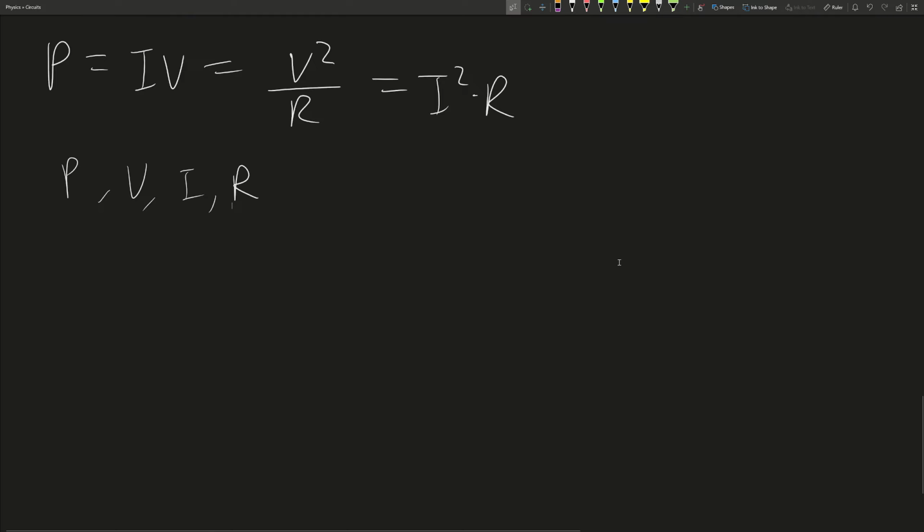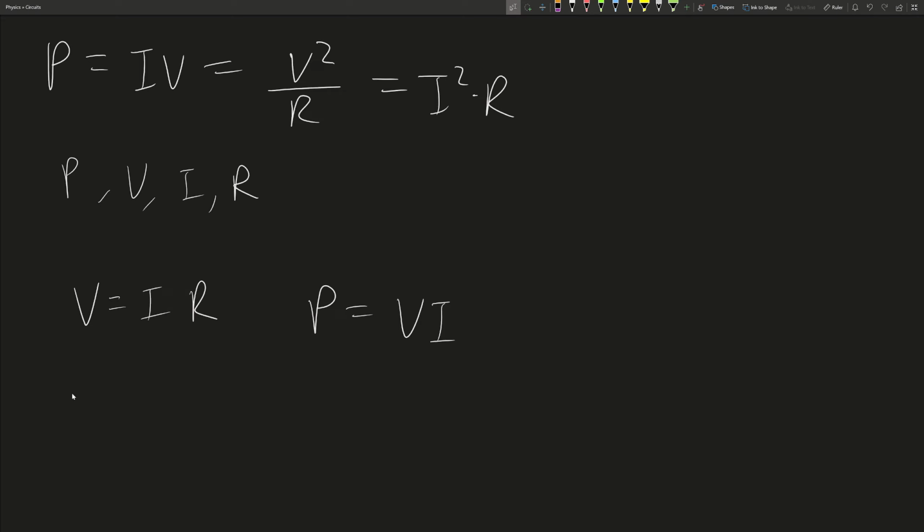Now, with these equations, I'll recap. Ohm's law is voltage is equal to current times resistance. Power is equal to voltage times current.